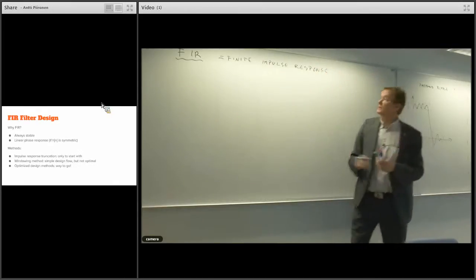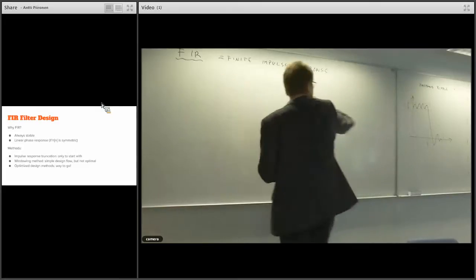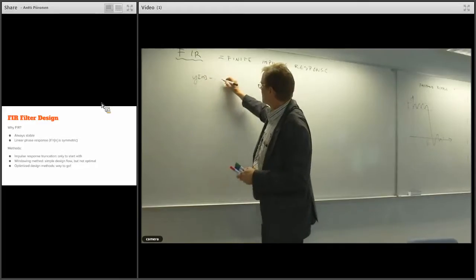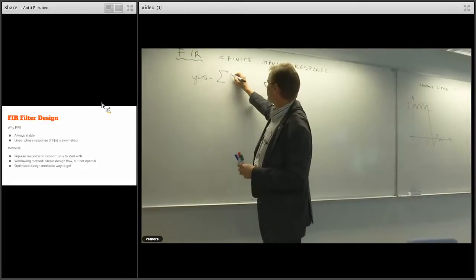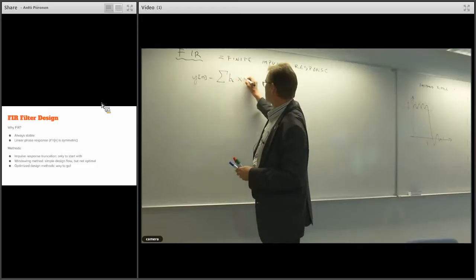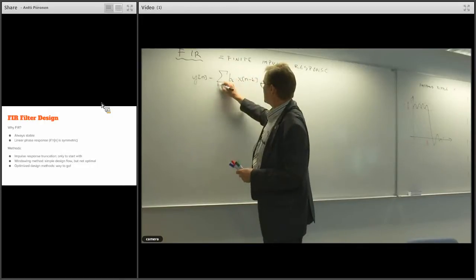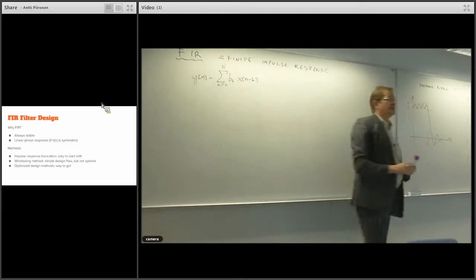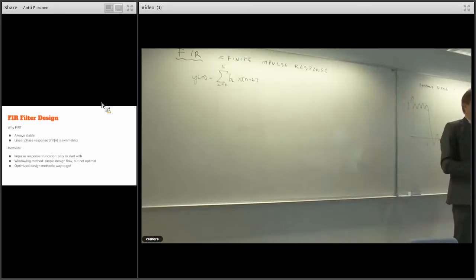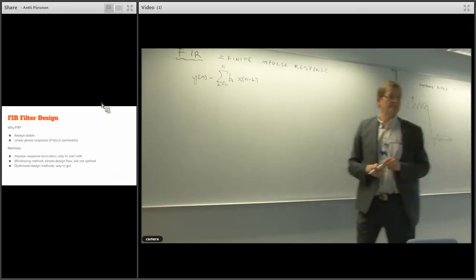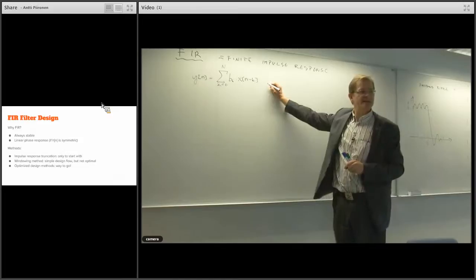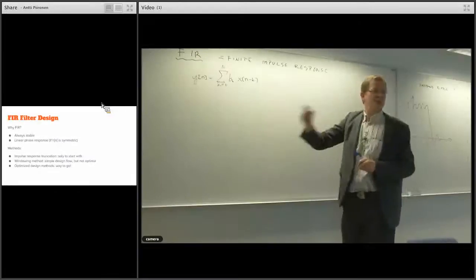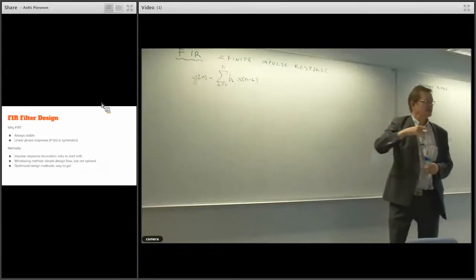One fundamental reason to use a finite impulse response system is that the difference equation can be written simply like that, b_k times x(n minus k), without any feedback. We do not need any feedback for FIR, which means that it's quite simple to calculate. You just need the input terms and that's it.